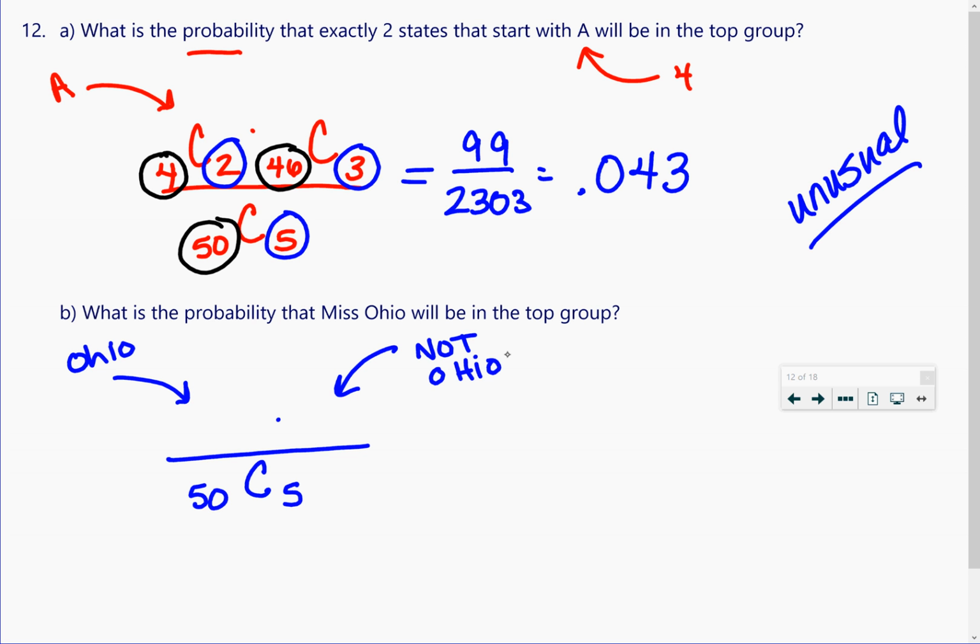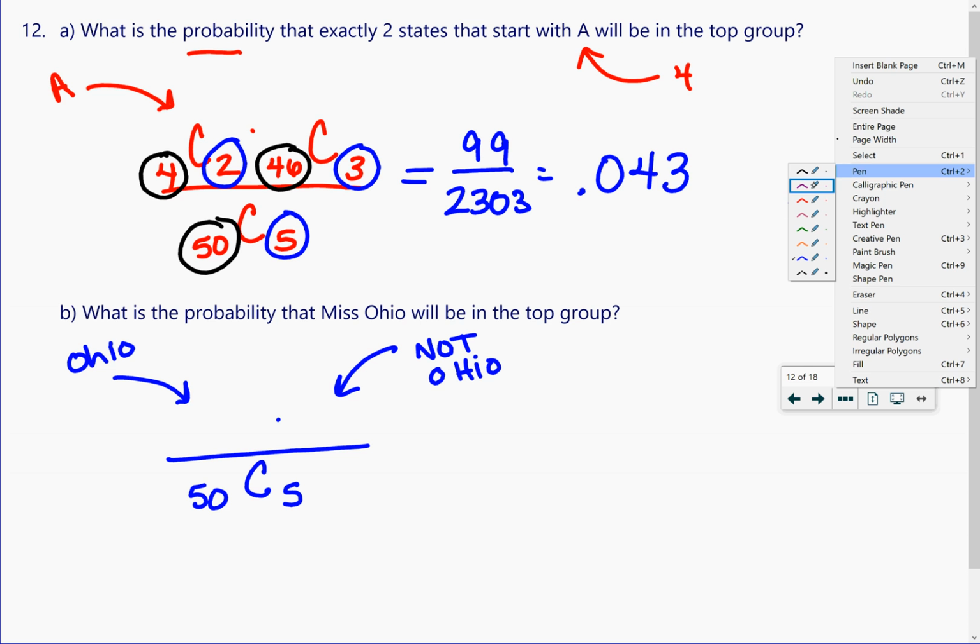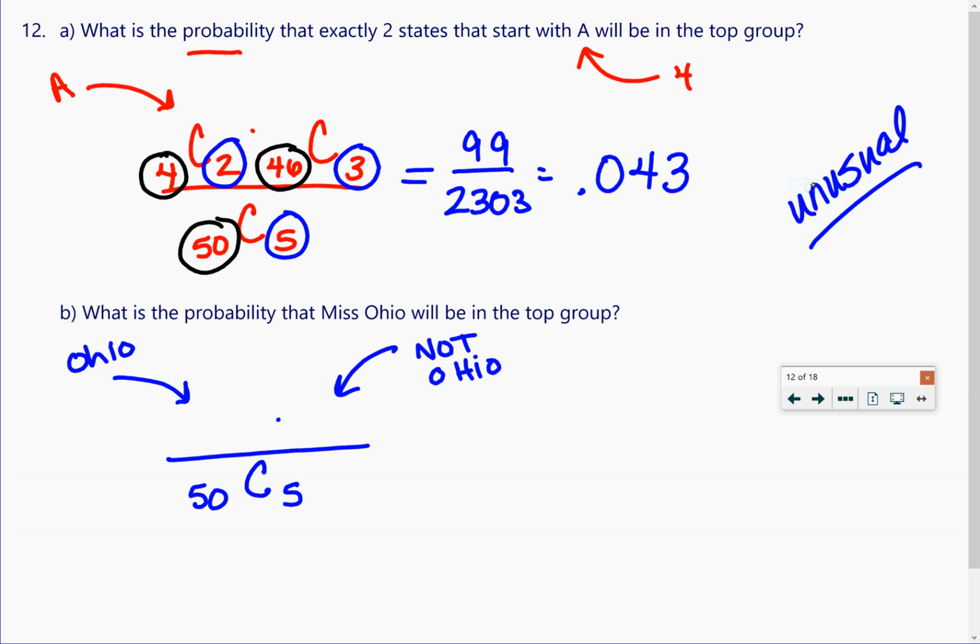So how many Miss Ohios are there? 1. And how many ways are there to choose Miss Ohio? There's 1. So it's 1 choose 1, which is just 1.